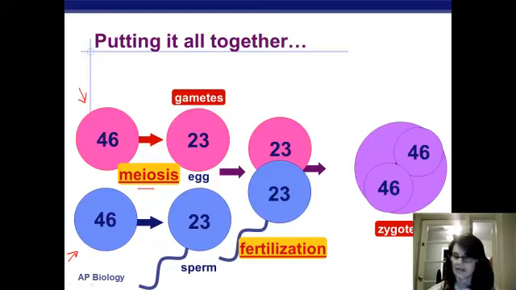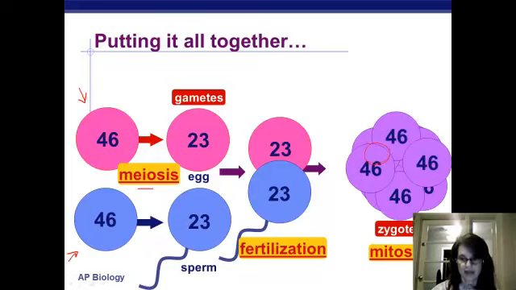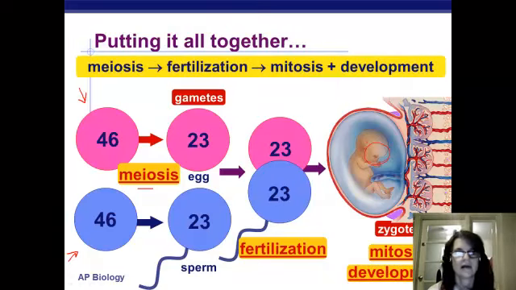Okay? Then that zygote reproduces by mitosis and creates more and more cells, each of them identical to the first, all of them with 46 chromosomes in them. Okay? So that's where mitosis would come in, and we would create a baby eventually. And that's called development. All right?